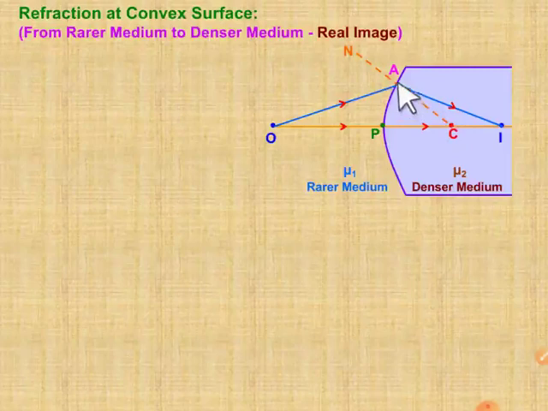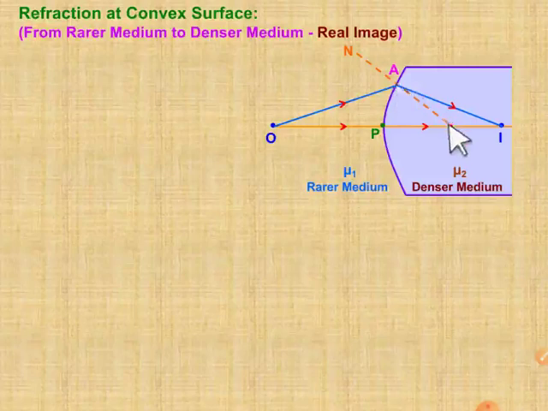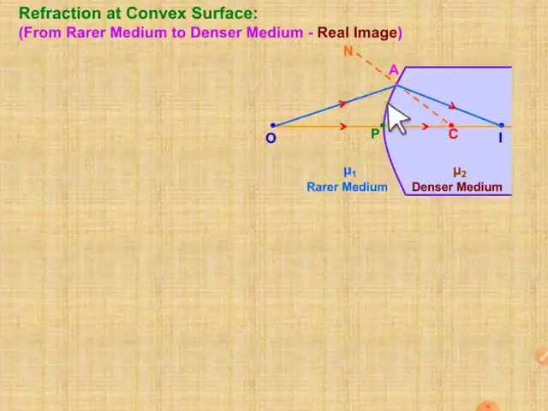So the line drawn from this point of incidence to the center of curvature will always be a normal onto this surface. Suppose the point of incidence is somewhere here, then the line joining the center of curvature to the point of incidence will be the normal at that point of incidence, right?